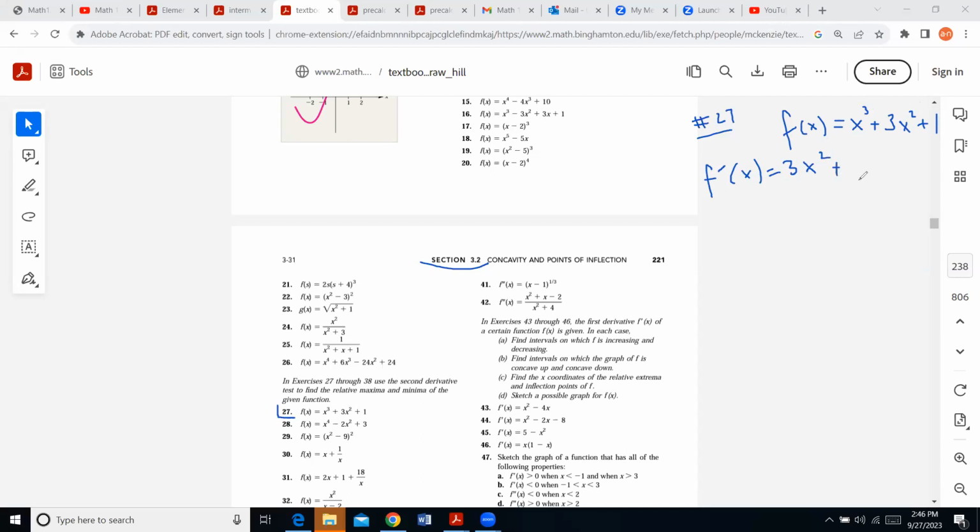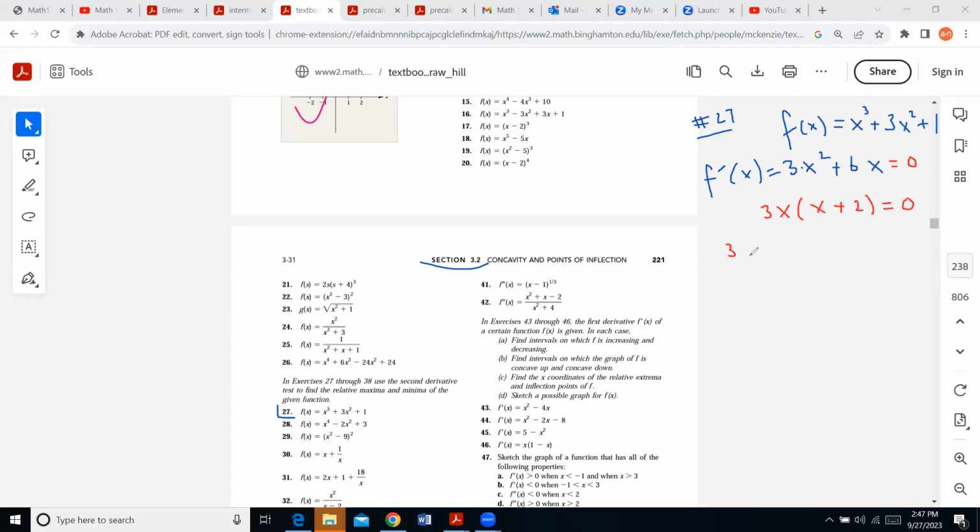So first derivative: the power 3 is multiplied by x to the power of 1 less, x squared. Now, for the x squared, the derivative will be 2x, so 2 times 3 is 6, and there is x, and the number 1 disappears. So this is what I'm going to set equal to 0. Whenever we get a derivative, we always set it equal to 0, so we can find special points that we're going to use to graph our function.